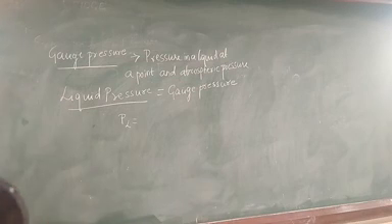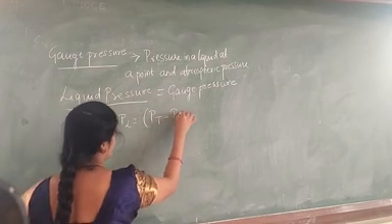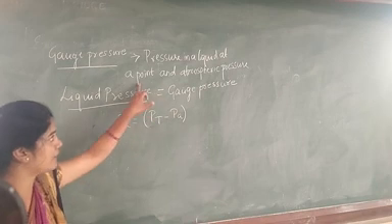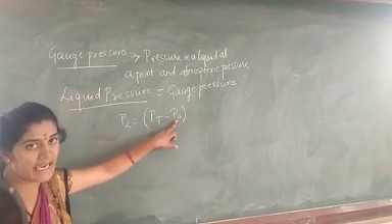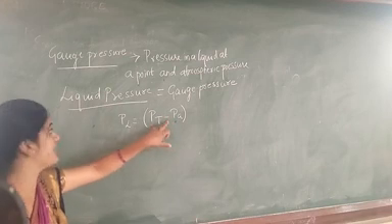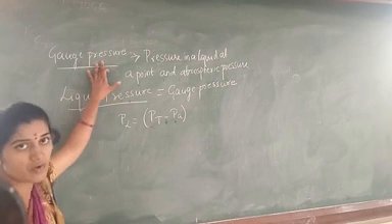PL means the liquid pressure, PT means the pressure at a point in a liquid, and PA means the atmospheric pressure. In this case we are considering the minus sign. This is just about your liquid pressure. Liquid pressure depends upon your gauge pressure.